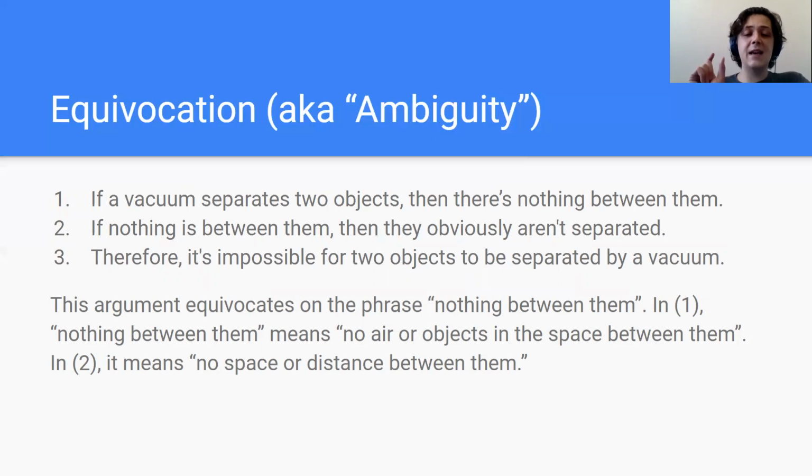So this is a seemingly valid argument. It looks valid, and it looks like the premises are true. So it looks like a sound argument, but it's fallacious, and the conclusion is in fact false. We know that there are objects separated by a vacuum, like stars and planets in space.